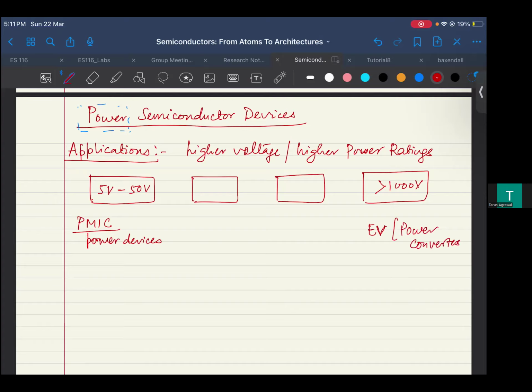Power converters mean you are interfacing your electronics, or whatever intelligence you have, to higher voltages where you are driving the whole system, like a car. So conversion could be DC to DC, DC to AC, or AC to DC. There are multiple applications of this conversion.